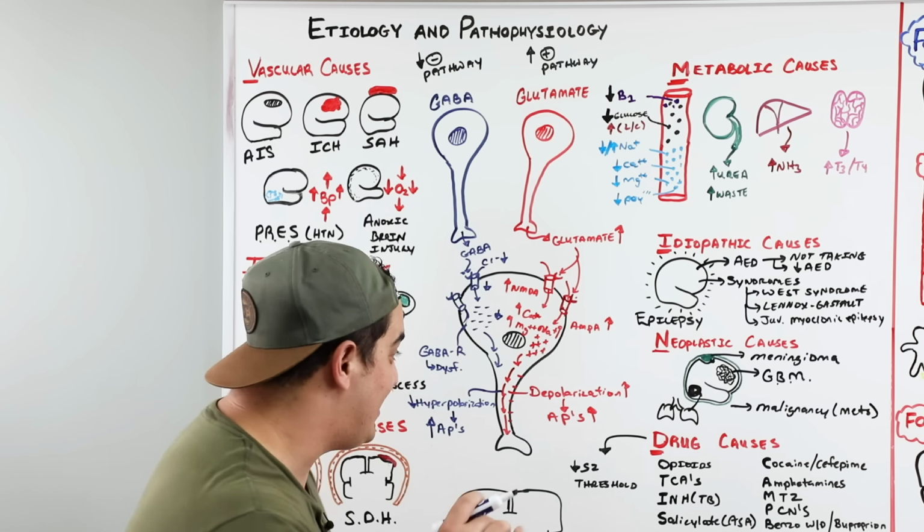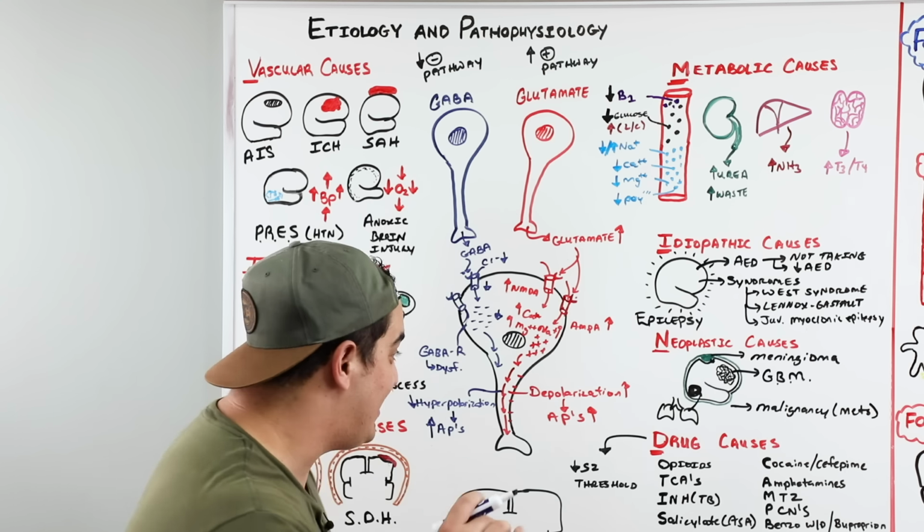And now that abnormal electrical activity is going to spread to other parts of the brain, but it's going to stay in this one cerebral hemisphere. That is called a focal seizure. So a focal seizure is occurring at one point, usually involving one hemisphere of the cerebral cortex.